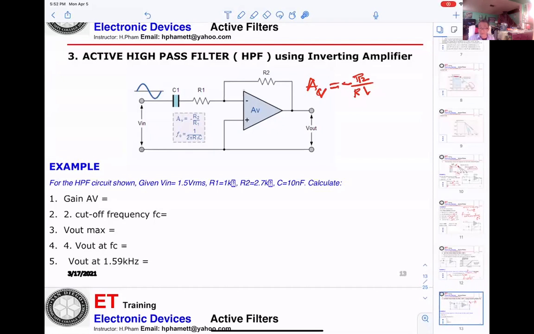Then you take the maximum output times 0.1.